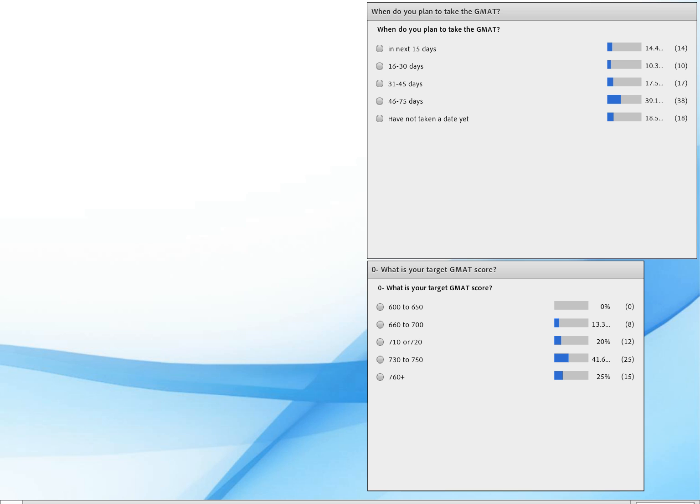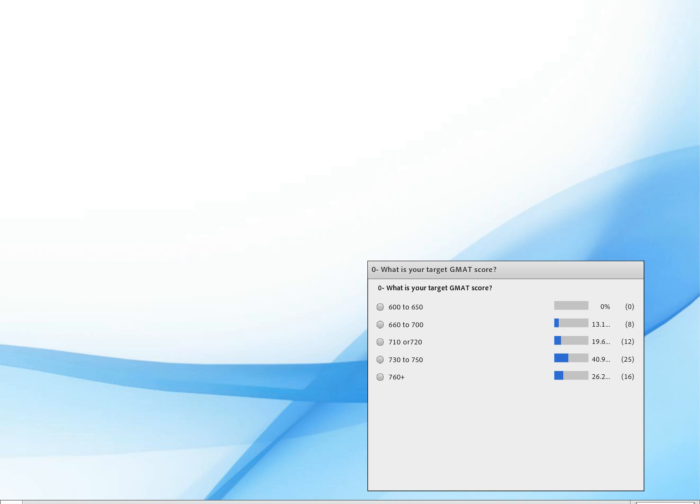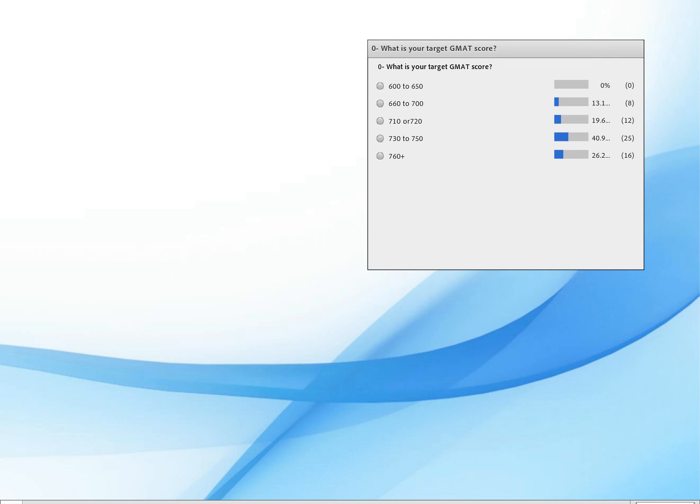And then we have a few folks who have between a couple of weeks to a month. With regards to the target score, about 65% or 66% more or less are aiming for a score of 730 or higher. We have about 14% of you in the 600 to 700 bucket overall.